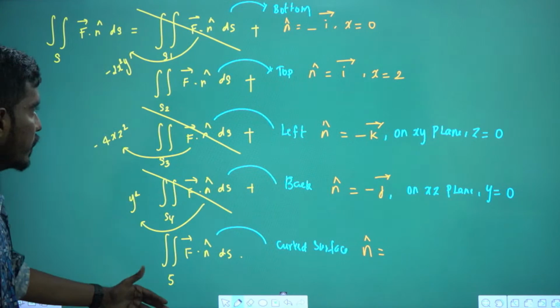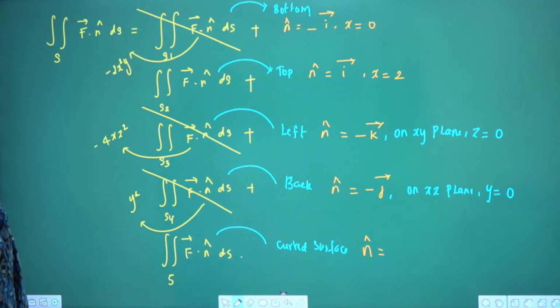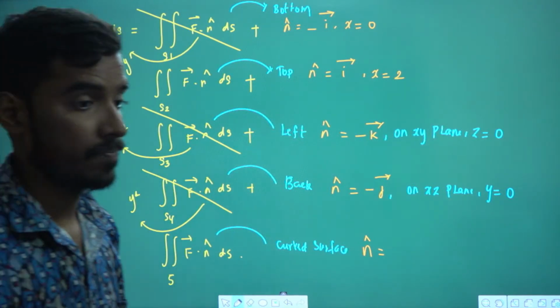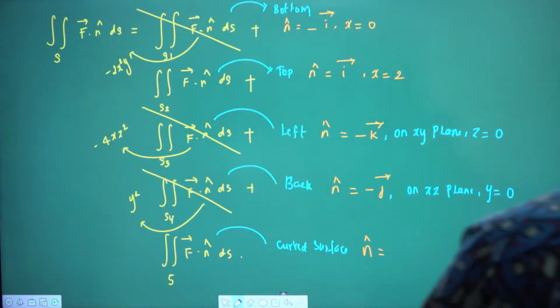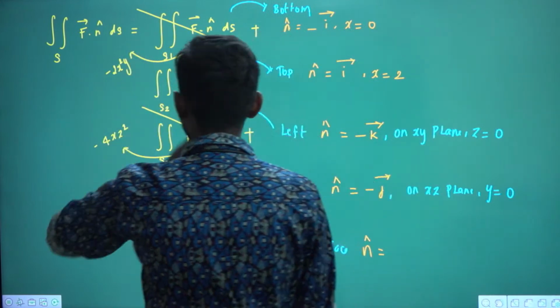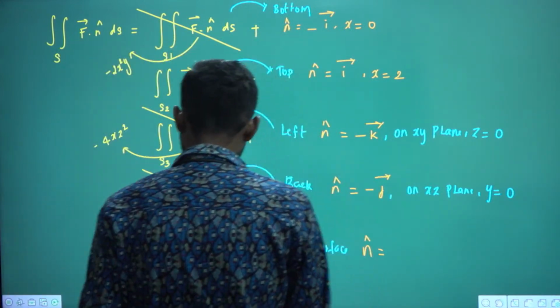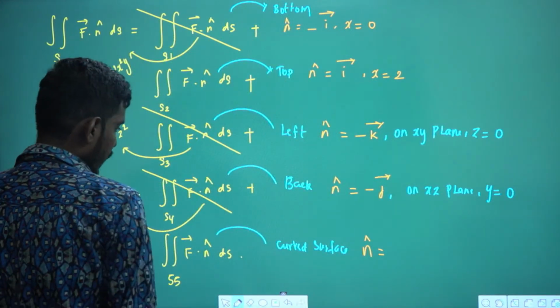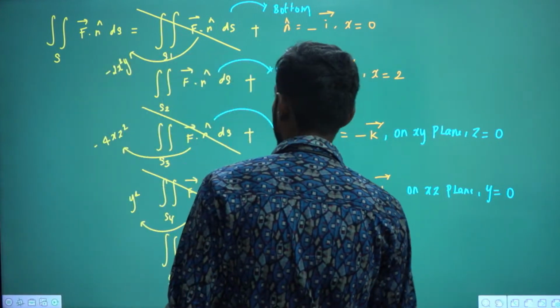So we have only the top surface and the curved surface we need to evaluate. Is it clear? Actually there are 5 surfaces, so 3 of them vanish. So we need to evaluate only S2, and this is S5, your curved surface. Now we will find them one by one.